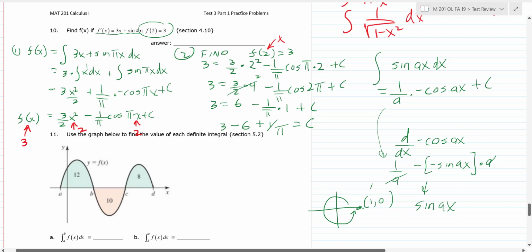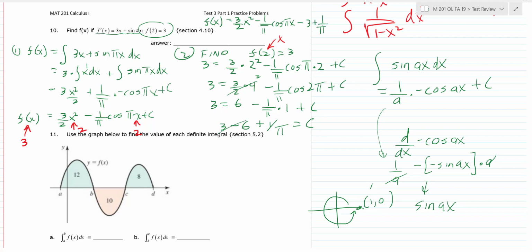So our answer to our problem is going to be this. We're going to get f of x equals the antiderivative, 3 halves x to the second minus 1 over pi cosine pi x plus c. But c is negative 3 plus 1 over pi. So that's it. That's how you put that together. That's called an initial value problem.